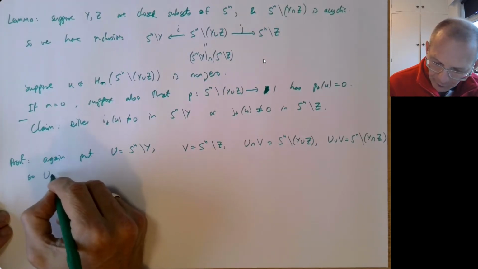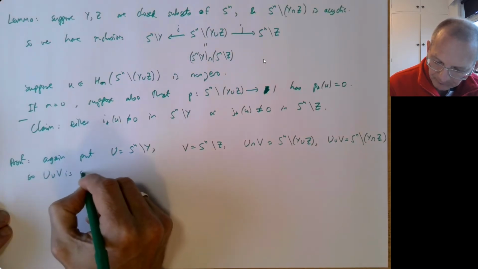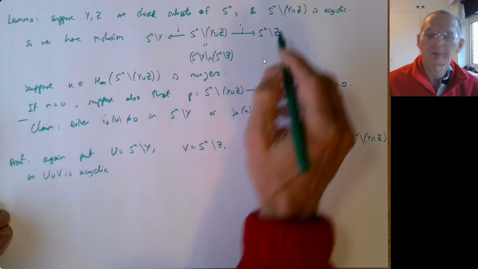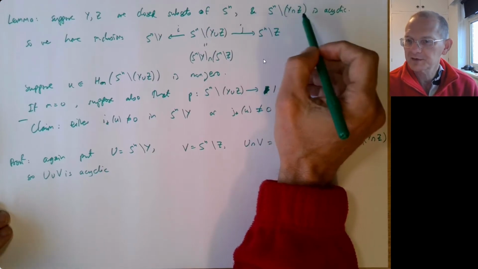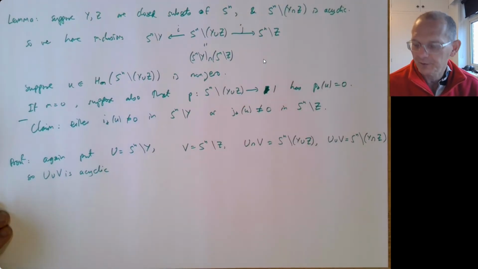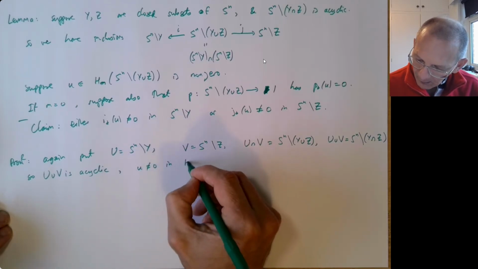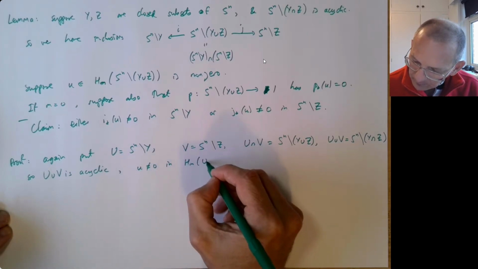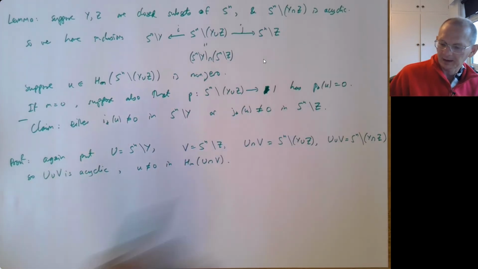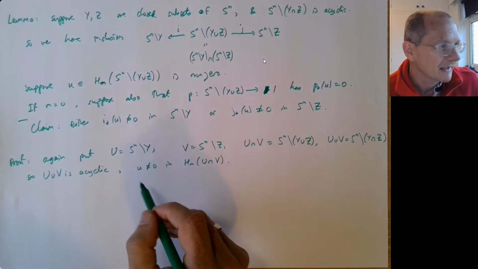So we're assuming that U union V is acyclic. That was our assumption up here: the complement of the intersection is acyclic, in other words, the union of the complements is acyclic, and u is a non-zero element in H_m of the intersection.